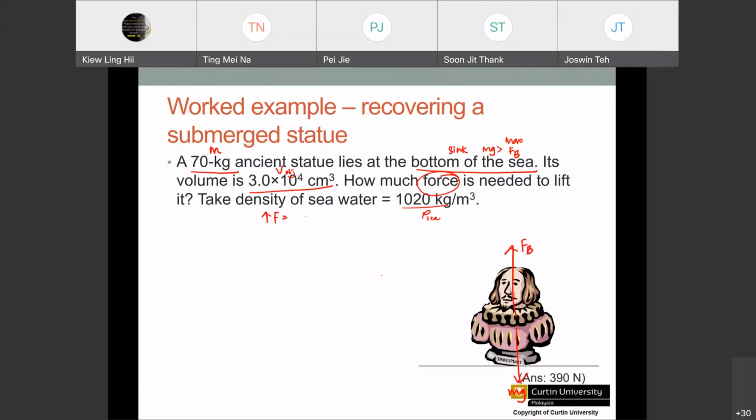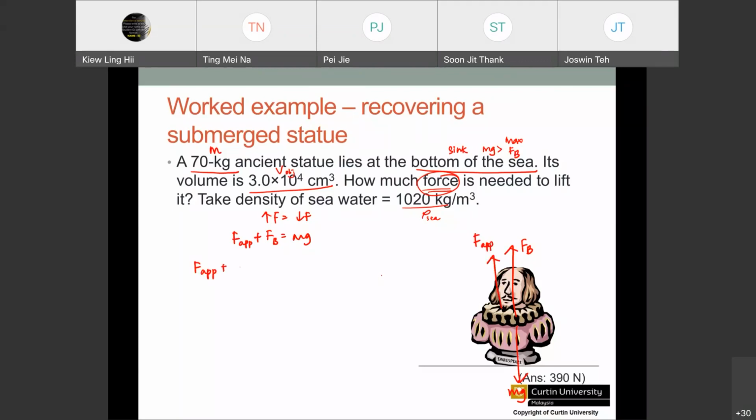So buoyant force equals mg. From the question, you need an external force in order to lift this object upwards. So this is the external force, or we say the applied force. So the upward force has to include the applied force as well. Okay, so applied force plus buoyant force equals rho Vg, right?